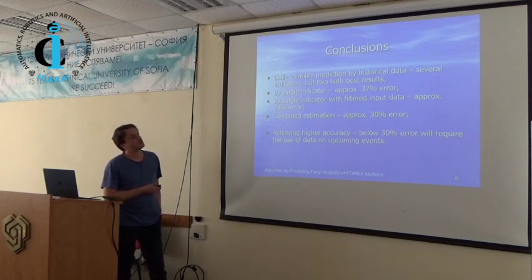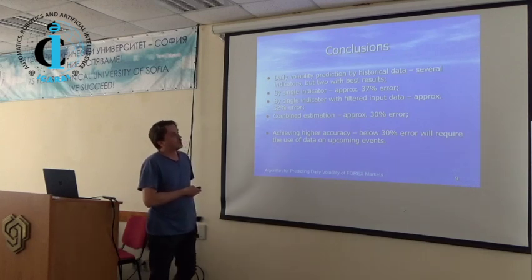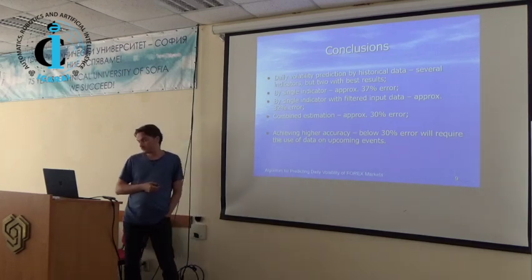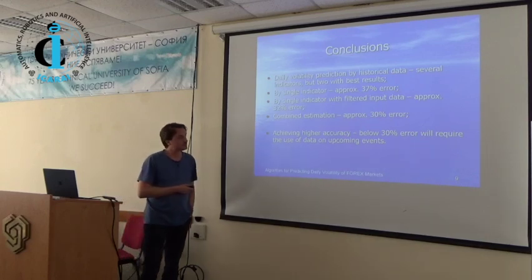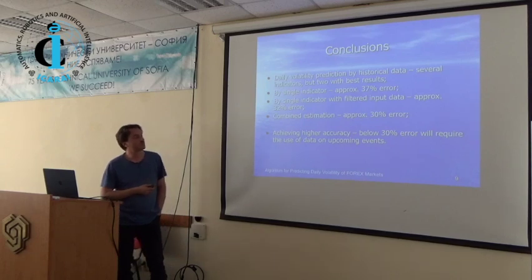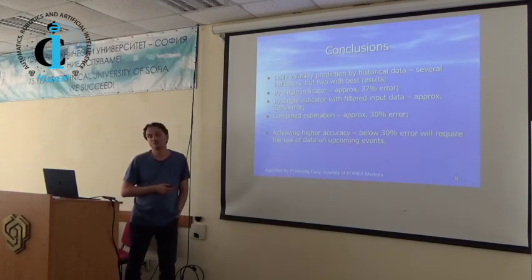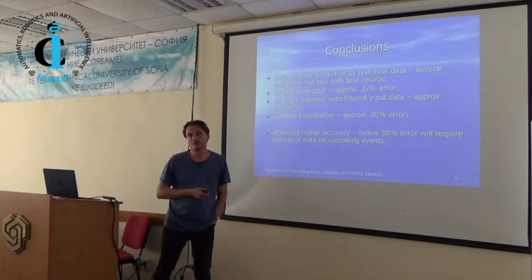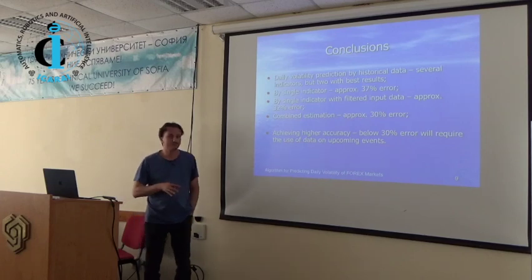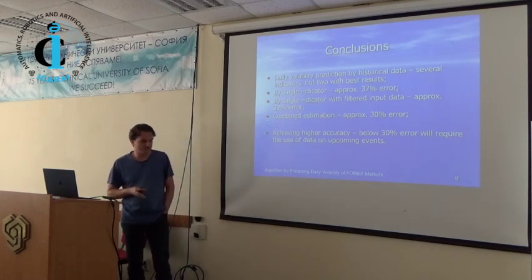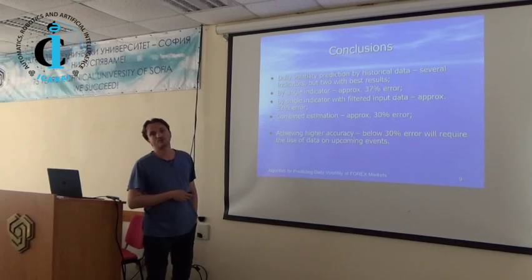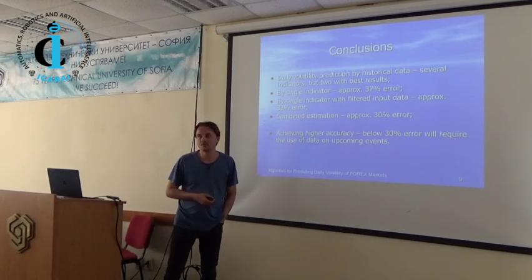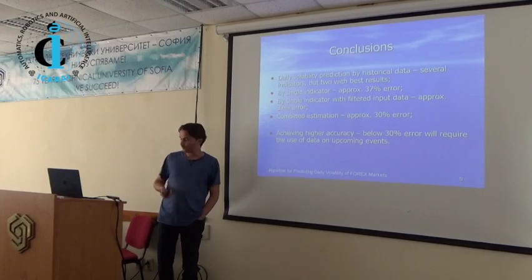And combined estimation, approximately 30%. If we want to achieve higher accuracy, below 30% error, we need upcoming events. This is the economic calendar. We know if today has news, the volatility is higher. So, thank you.